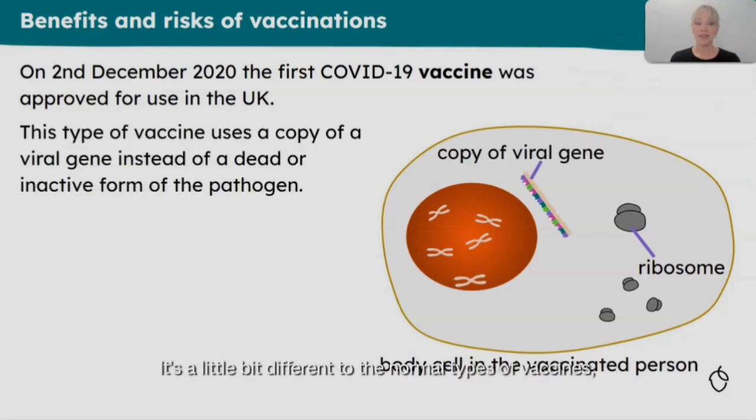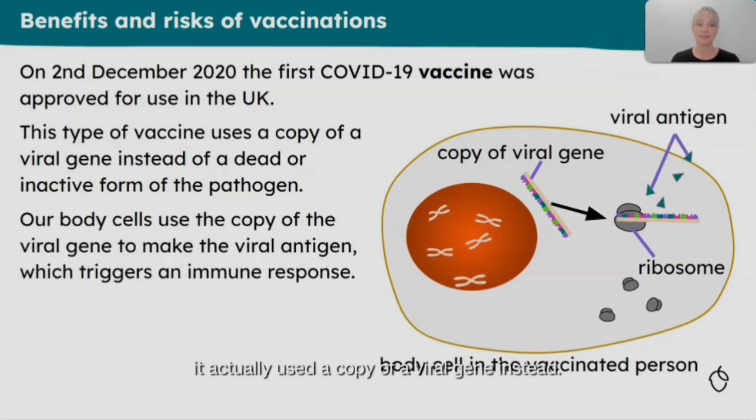It's a little bit different to the normal types of vaccines, and instead of using a dead or inactive form of the pathogen, it used a copy of a viral gene instead. Our body cells then use that viral gene to make the viral antigen.